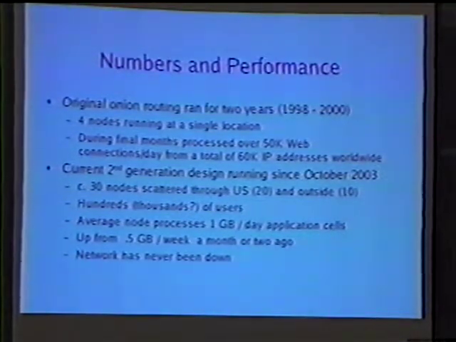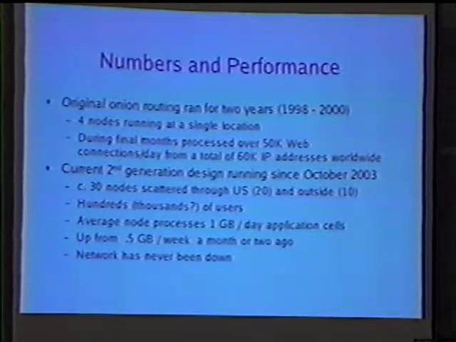We have maybe 2,000 users. It's an anonymity system, I really don't know. I would guess that it's somewhere in the 1,000 range, but I'm just making that up. Each node processes somewhere around 1 gigabyte a day, so somebody's producing and using traffic.